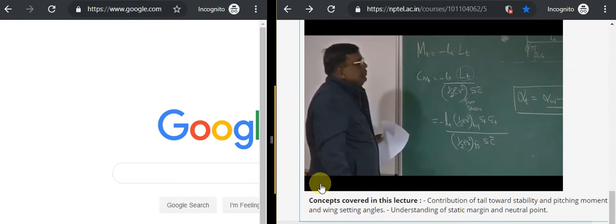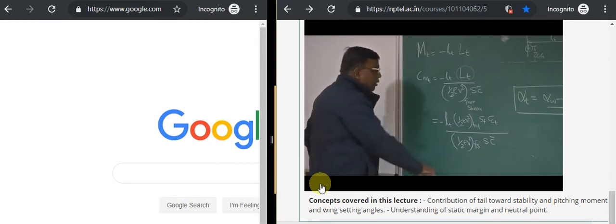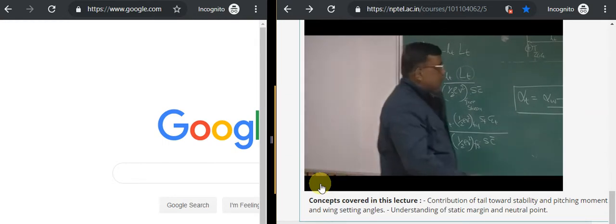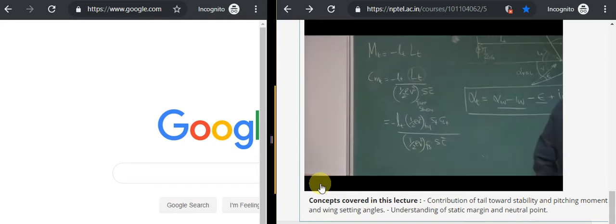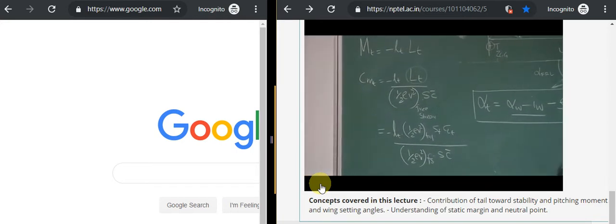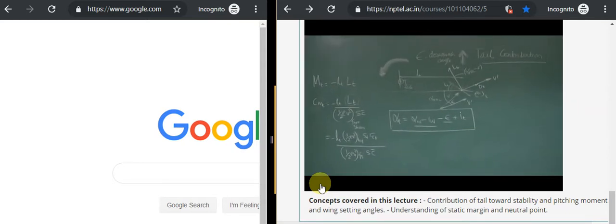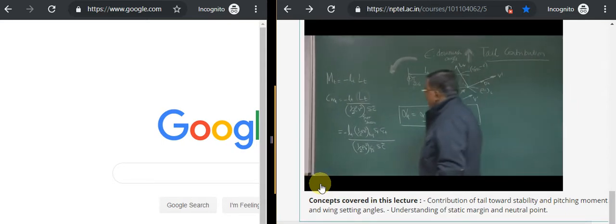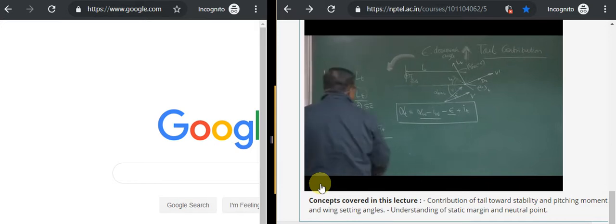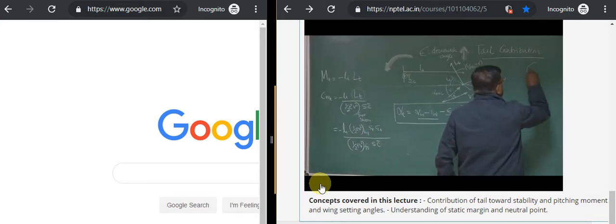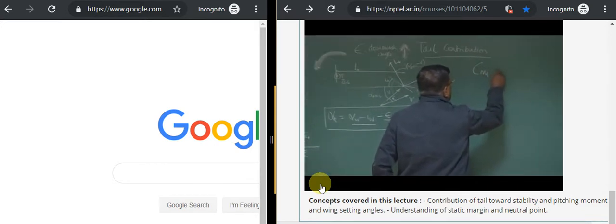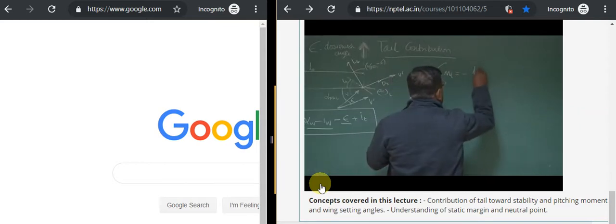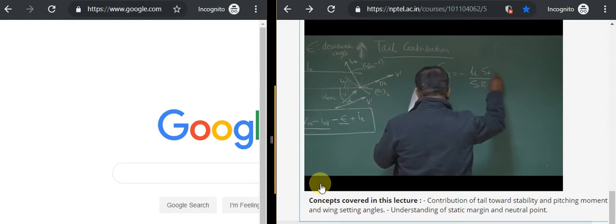What does this CMT now stand for? What is the modification in the expression of CMT when you take care of the local dynamic pressure at the tail, which is different from free stream dynamic pressure? So this CMT finally takes the shape as minus LT ST by S C bar into neta into CLT.